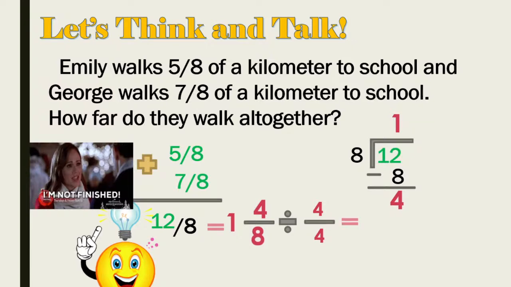You need to copy the whole number first. Baka kasi makalimutan, maisulat nyo lang po is 1 over 2. So you need to write first the whole number. And your final answer, since 1 and 2 has no common factor anymore, will be 1 and 1/2. Okay po? So let's complete the details.